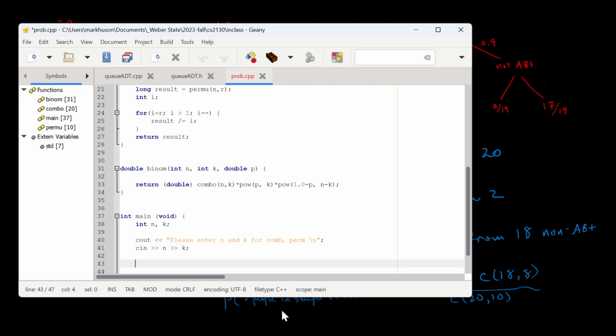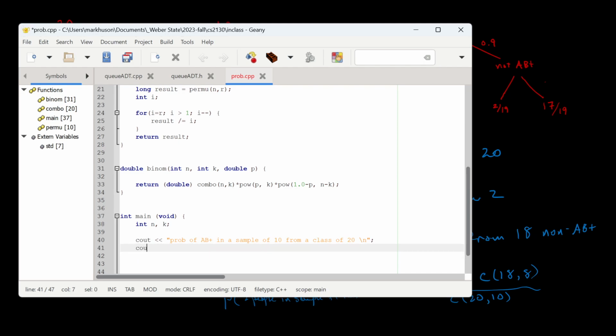And then what I want here is, I'm not even going to do that. That's more than finished. So combinations, probability, since this is in class, the probability of AB positive in a sample of 10 from a class of 20. And all I'll do here is output that.